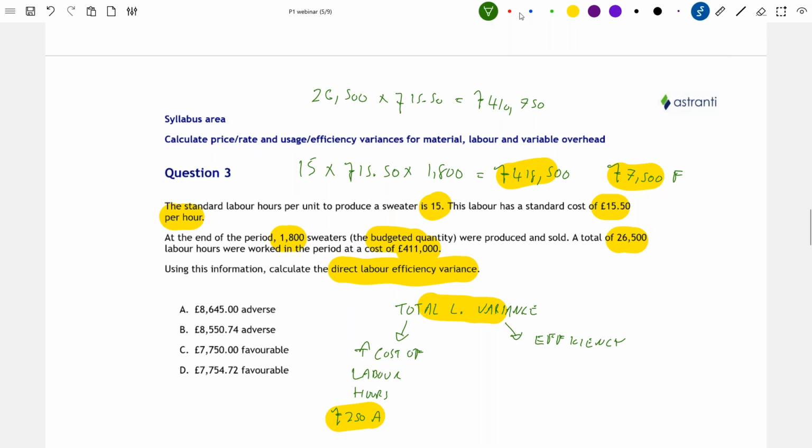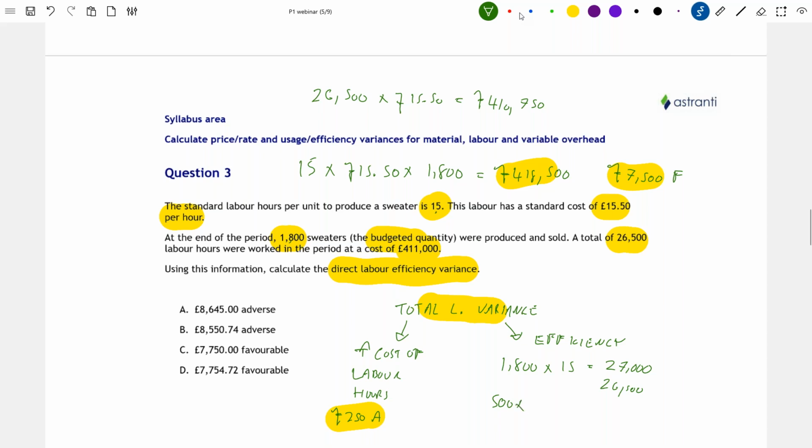So how do we calculate the efficiency variance? Well, remember that 1,800 sweaters should have taken 15 labour hours each. So it should have taken 1,800 multiplied by 15 is equal to 27,000 hours. However, only 26,500 hours were actually worked in the period. So that's 500 hours that we've saved by being more efficient sweater makers, which is obviously a good thing.